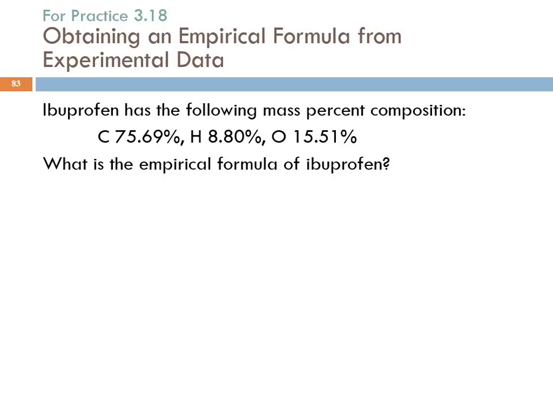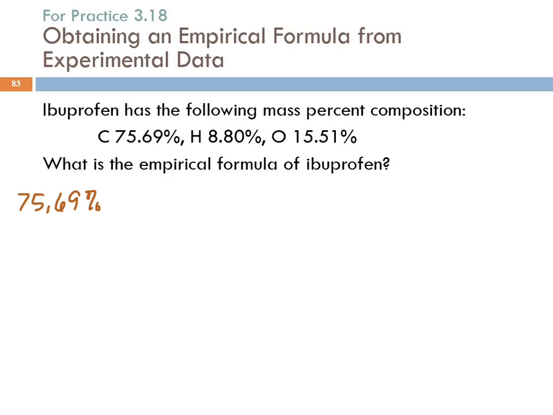This is the percent composition. And we're asked to find the empirical formula. So this is an example where they gave us percentages instead of masses, but that's okay. 75.69%. Well, if we say I'm going to assume I have a 100-gram sample, how many grams of it is carbon?